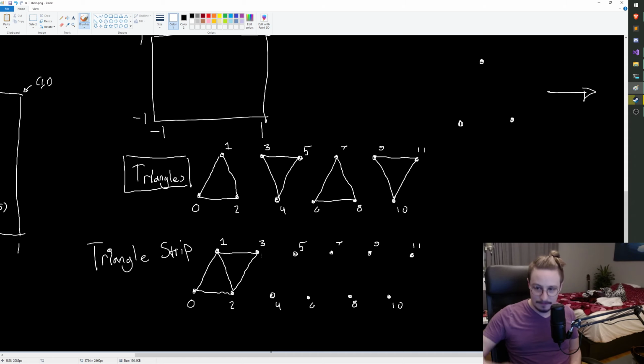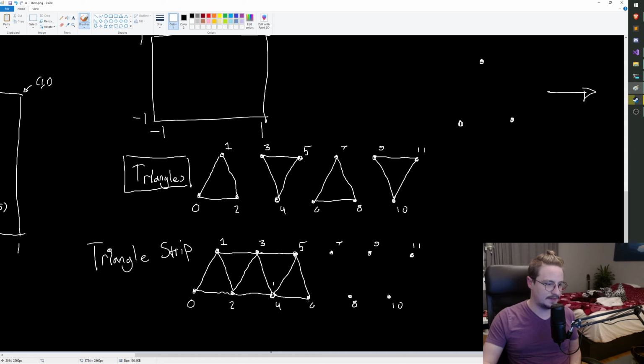And then the algorithm repeats. It takes the last 2 of the previous triangle, 2 and 3, and then joins it with the next one. So 2, 3, and 4 becomes a triangle. And then it repeats. So the last 2 of the previous triangle, 3 and 4, get joined up with 5. And so on.